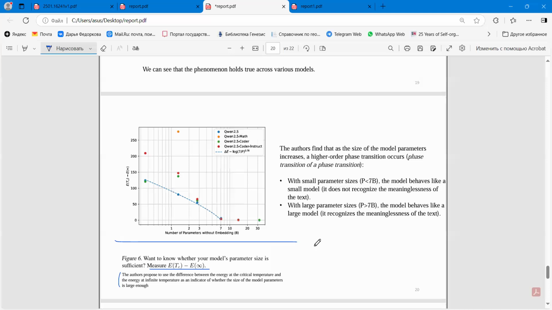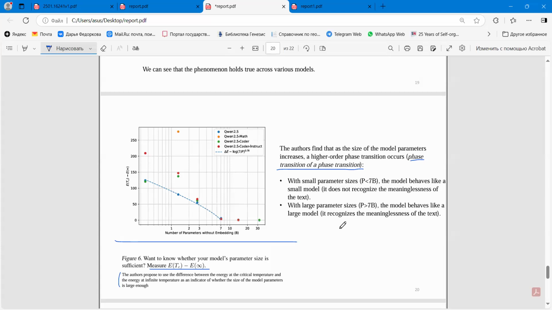And they find that as the size of the model parameters increases, a higher order phase transition occurs. And they call this phase transition of phase transition. With small parameter size, the model behaves like a small model. It doesn't recognize the meaninglessness of the text.